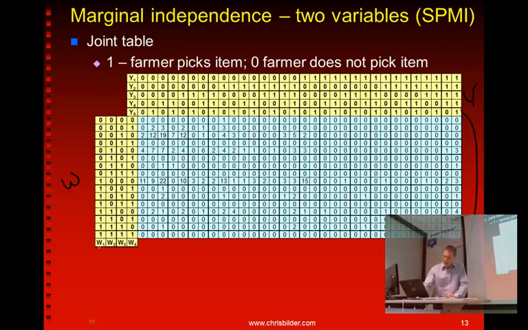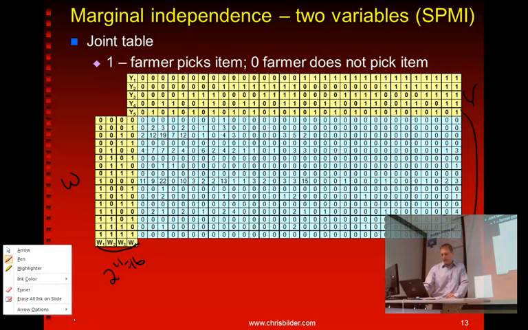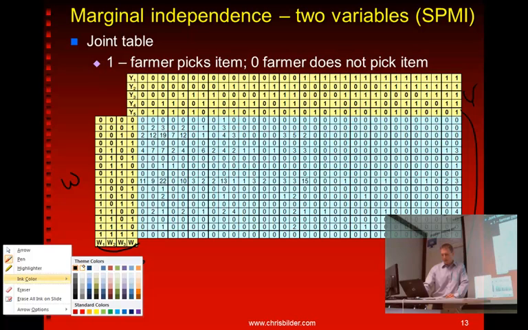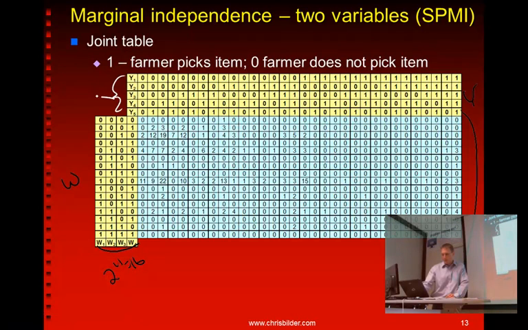Since there are 4 binary variables here, there are 2 to the 4, or 16, possible combinations. Y has 5 items, so that means there are 32 possible combinations.